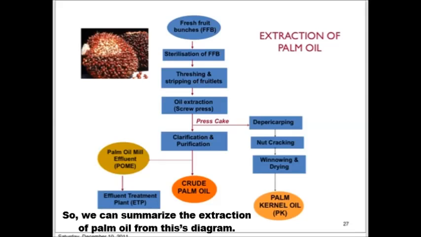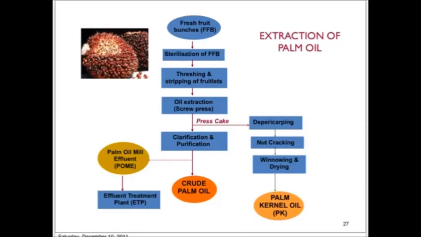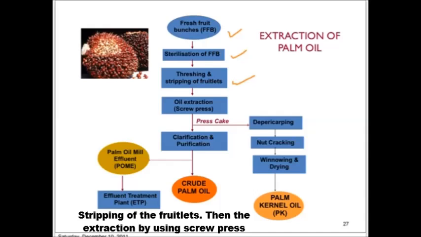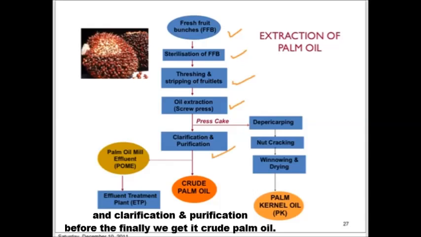So we can summarize the extraction of palm oil from this diagram. We start with fresh fruit bunch. It will go through the sterilization process, stripping of the fruitlets, then the extraction by using screw press, and the clarification and purification before finally we get the crude palm oil.